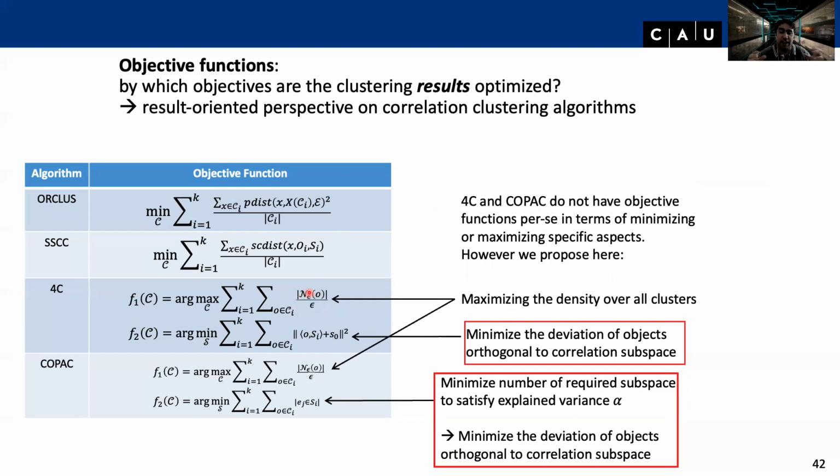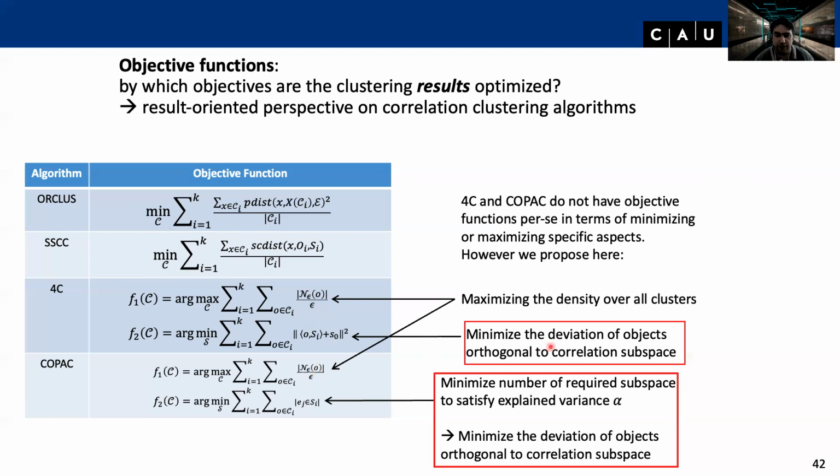You want to have as many objects as you can in as small an epsilon range as possible. Small surface or small volume, a lot of objects corresponds to high density.